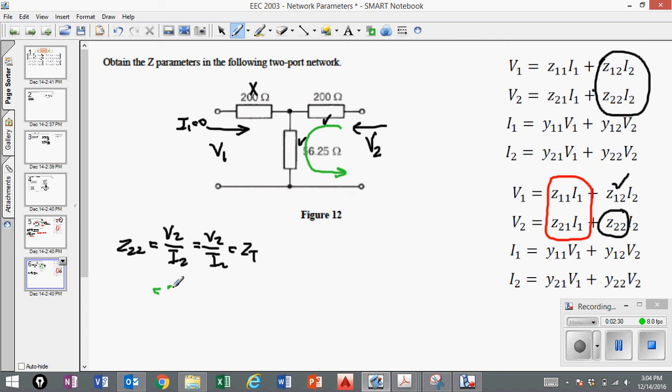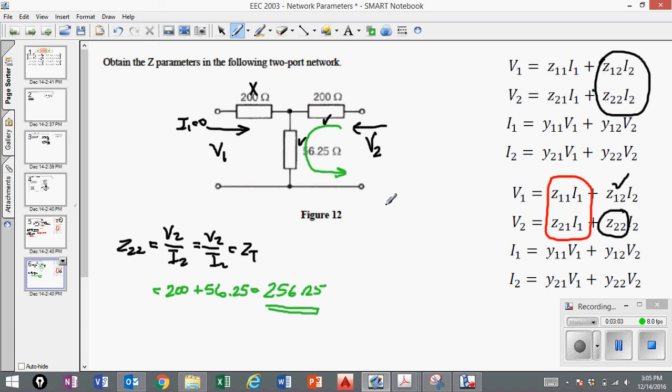So once again, we simply just add these two resistors together, and that will give us our final value of 256.25. And we can kind of see that from the very beginning because this is like a balanced T network. So we can literally guess the answer if we recognize that this is a T network and it is balanced.